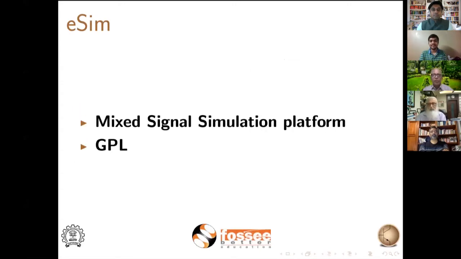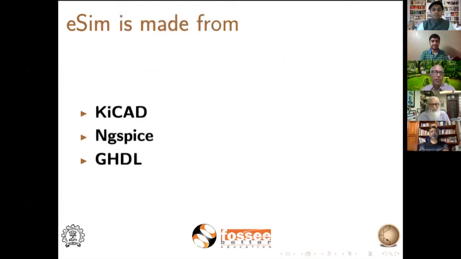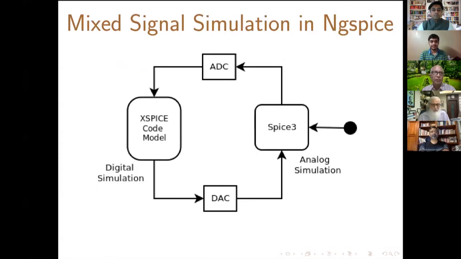So eSim is suitable for mixed signal simulation, and it is released under GPL license. It's made from KiCad, ngSpice, and Ghdl. Just to give a background of what we did with mixed signal simulation: in SPICE, you actually have XSPICE and digital simulation can be done.